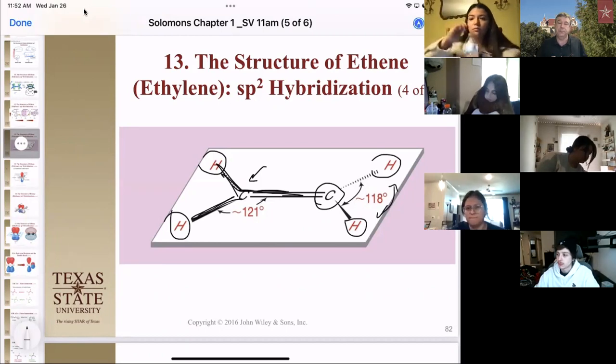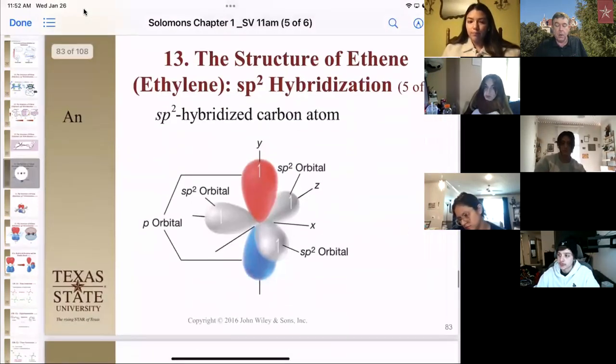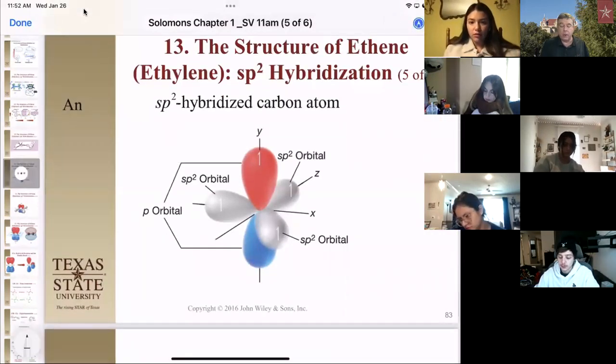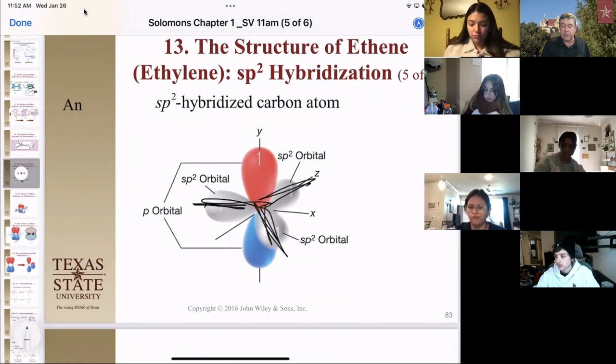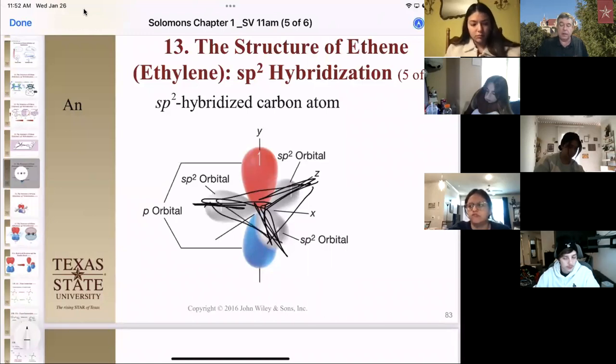Okay. So our ideal is 120 degrees, but our actual is just a little bit different based on the size of the atom. Okay. So what would just one of these carbons with sp2 hybridization look like? Well, our 3 hybrid orbitals are going to be equally distributed at 120 degrees apart in that plane. So they'll make a nice triangular shaped plane here.